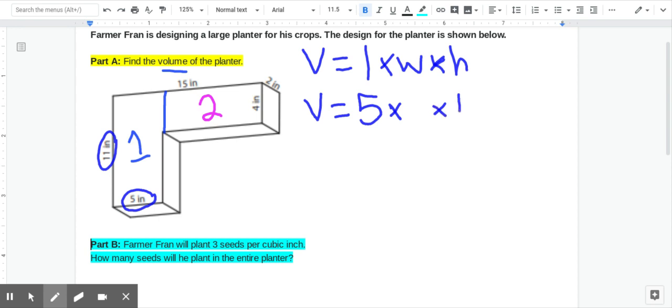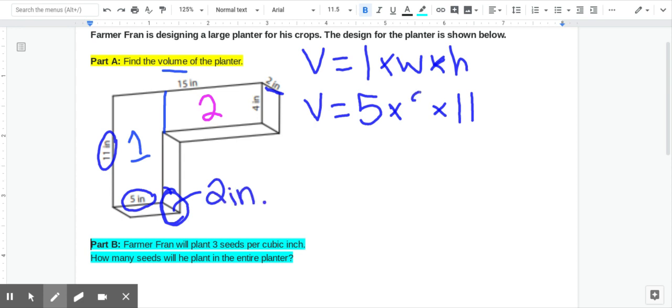So I'm just going to fill that in over there. Now what we don't have anywhere near our figure, we're going to need to figure out our width, where that's circled right there. We don't know what that is. But up here, I see 2 inches. That's the width of that part of the figure, and we can see that it's the same. So this is also 2 inches.